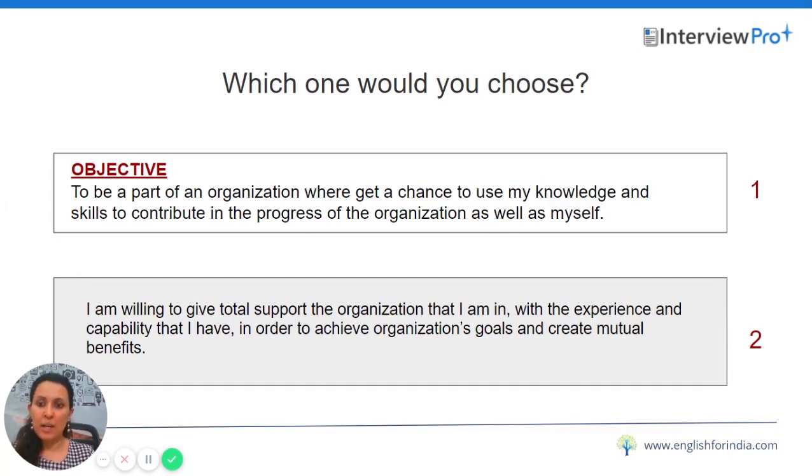The second one, I'm willing to give total support to the organization that I am in with the experience and capability that I have in order to achieve organization's goals and create mutual benefits. Both these objectives and similar objectives should be avoided because they are vague, they are generic, and they don't give a very clear sense of clarity to the end employer.